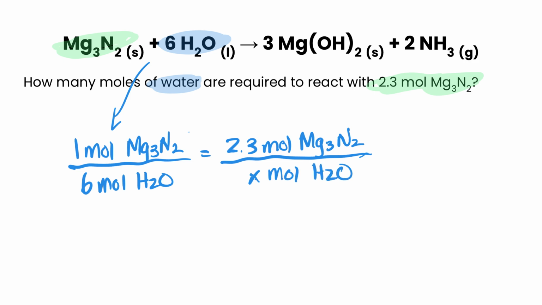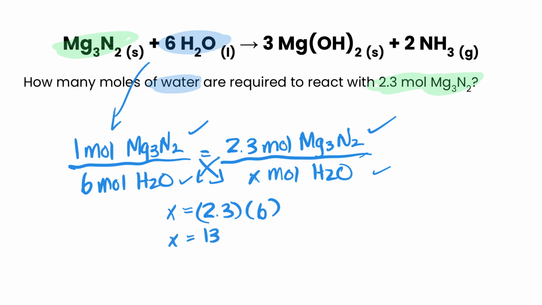So double checking, magnesium nitride's up on the top, water is on the bottom on both sides, so we're good. We're going to cross multiply here to solve for x. So we get 1 times x, or just x, is going to be equal to 2.3 times 6, and that is going to give us 13.8 moles of water.